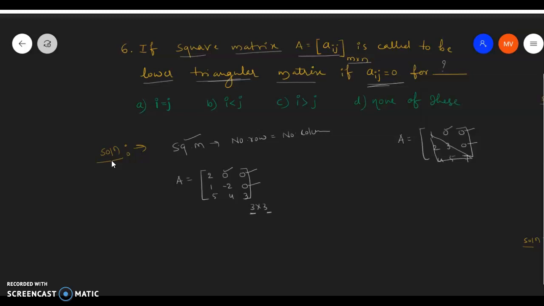This is your A11, this is A12 and this is A13, this is A21 and this minus 2 is your A22, and this 0 value is your A23. Let's check. You need the entries to be 0, that is, A of 1 2 is 0, A of 1 3 is 0 and A of 2 3 is 0. Here look, 1 1 means what?